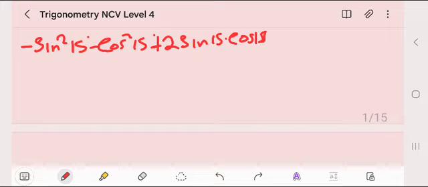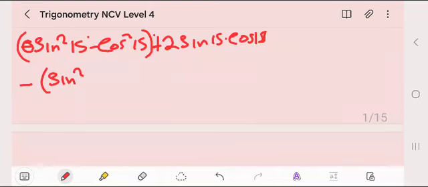If I take out the negative, here we'll have sine squared 15. Then I take this negative out, we'll have plus cos squared 15. Oh my god, this is 1.